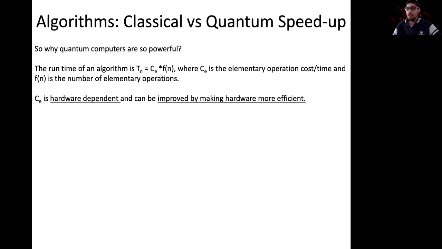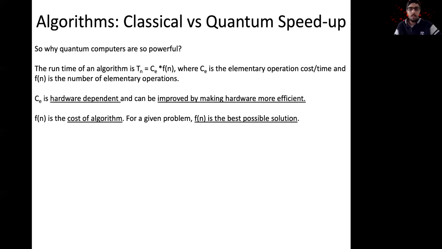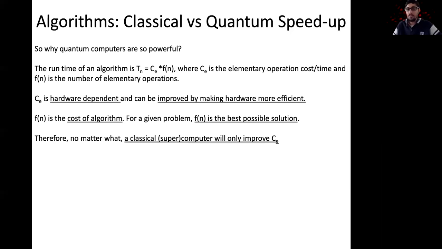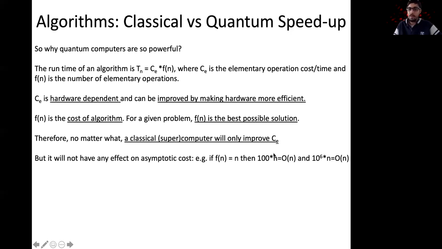That's not the hardware dependent part. F(n) is the cost of the algorithm for a given problem. F(n) is already the best possible solution that you have developed. You can't change it on a classical machine. Therefore, no matter what you do, a classical computer will only improve CE and cannot make it better.